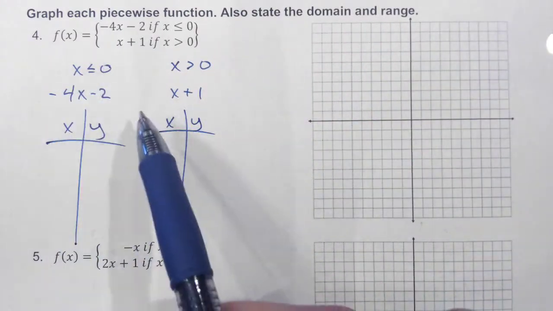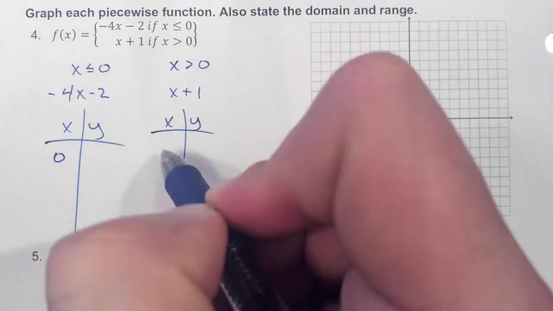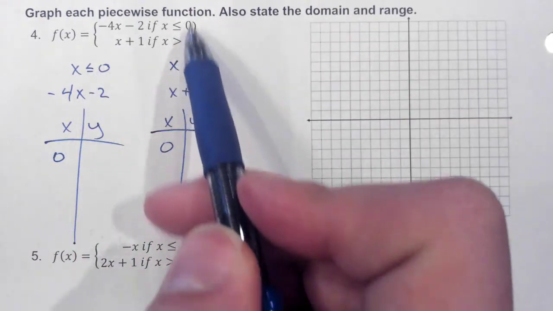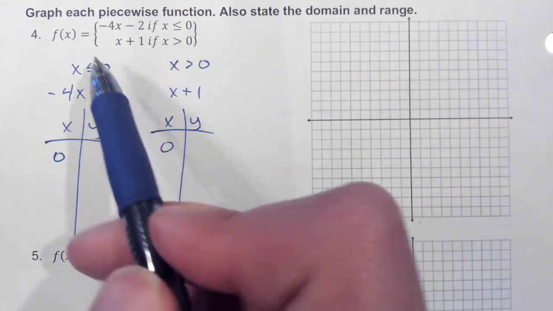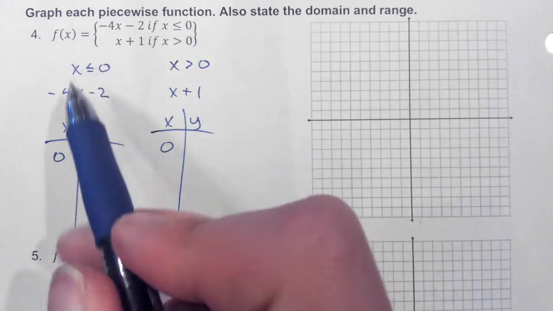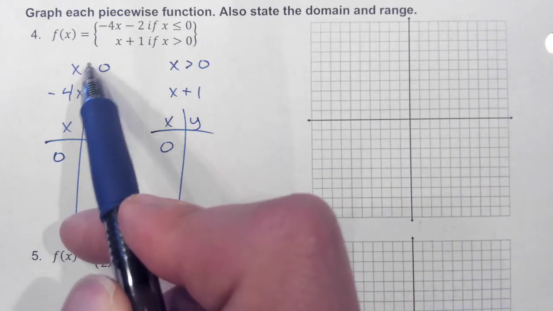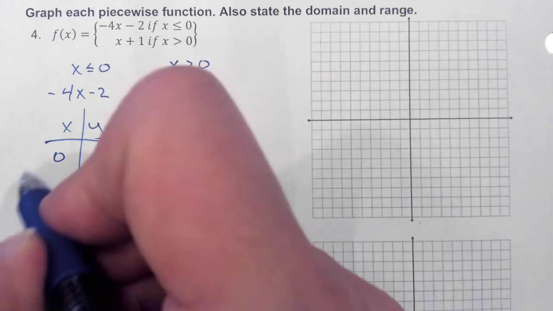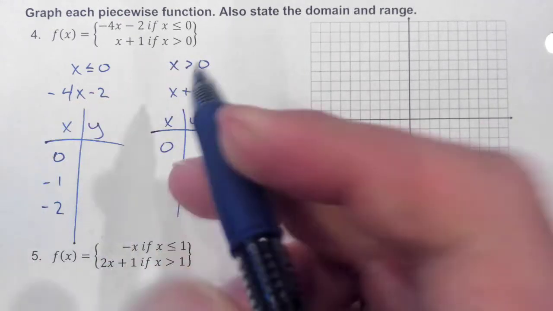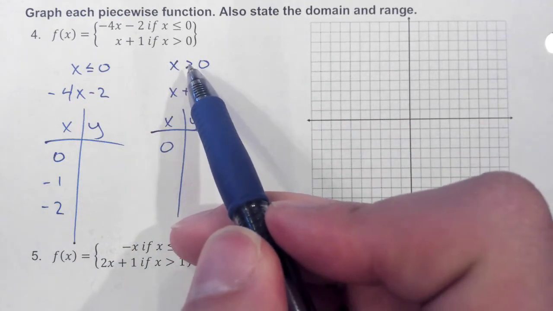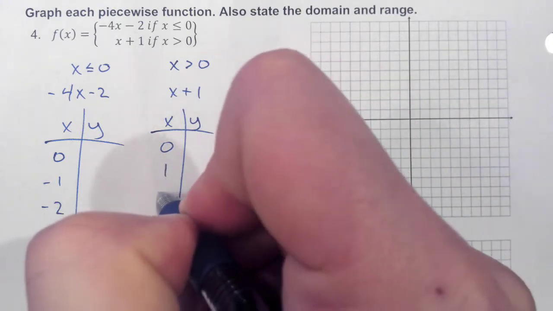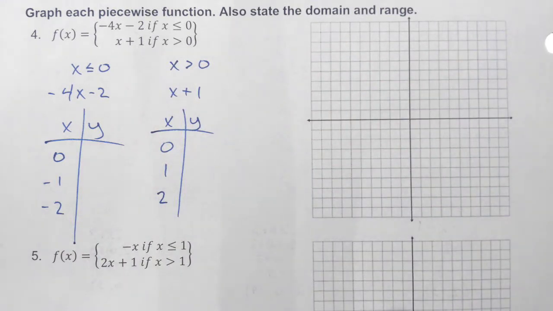Okay, so this tells me the values I can pick. I have to pick 0 for both of them because that's the number that was listed here. And then this tells me the other numbers I can choose. This says I can choose values that are less than 0. So that's going to be -1 and -2. This one says I can choose values that are bigger than 0. So that's going to be +1 and +2.